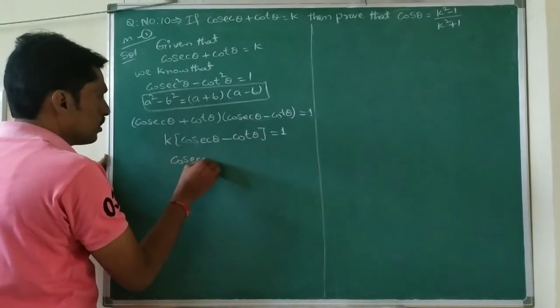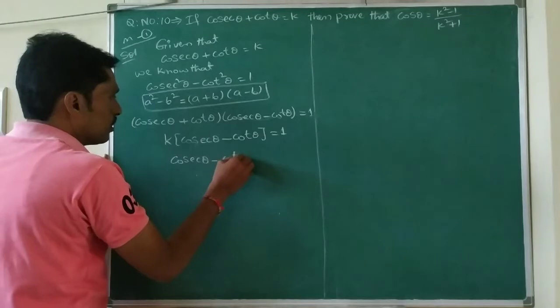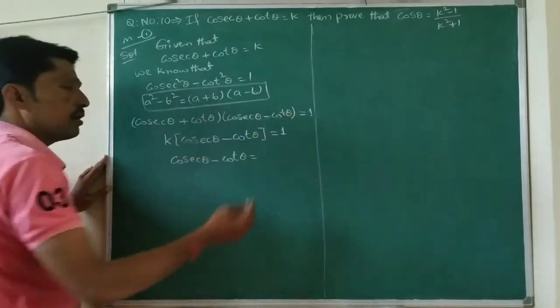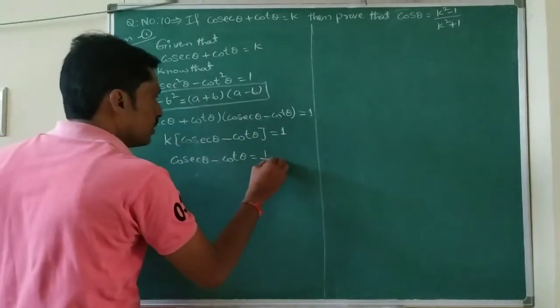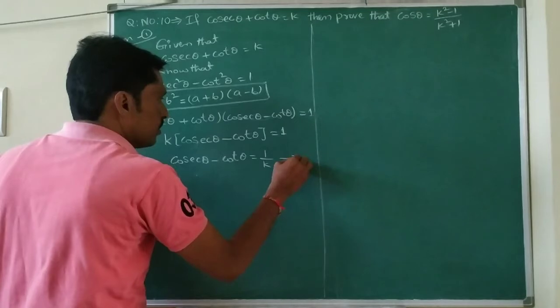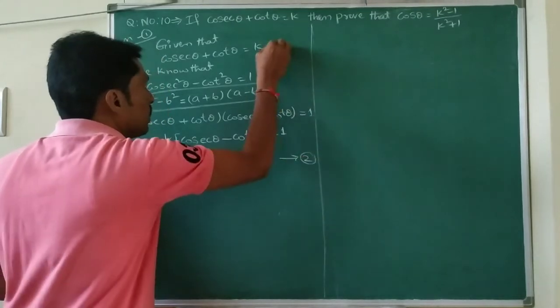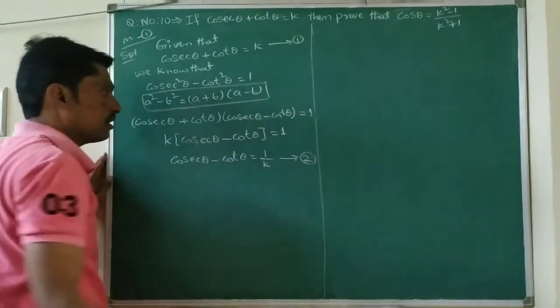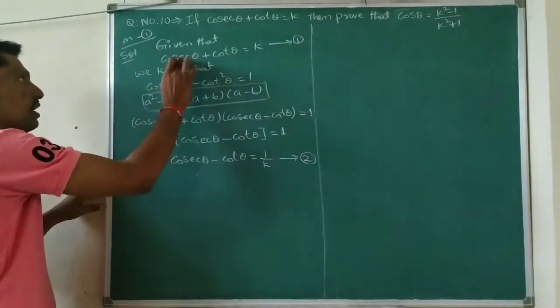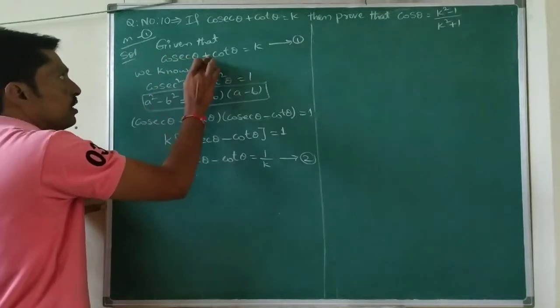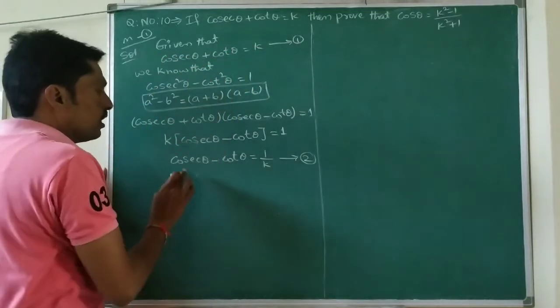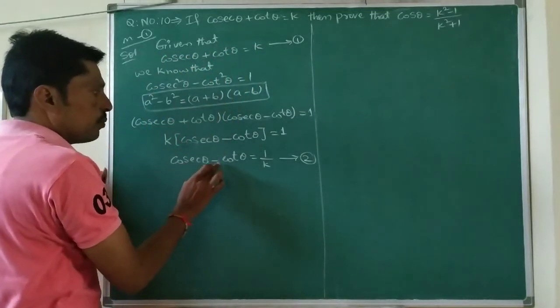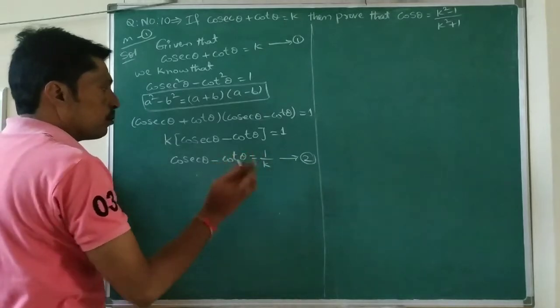So cosec theta minus cot theta equals 1 by k, we are getting. This is equation number 2, and this is equation number 1. So equation number 1: cosec theta plus cot theta equals k; equation number 2: cosec theta minus cot theta equals 1 by k.